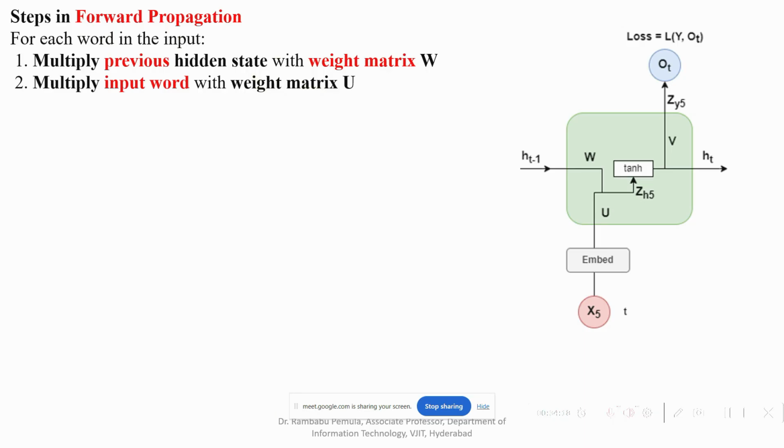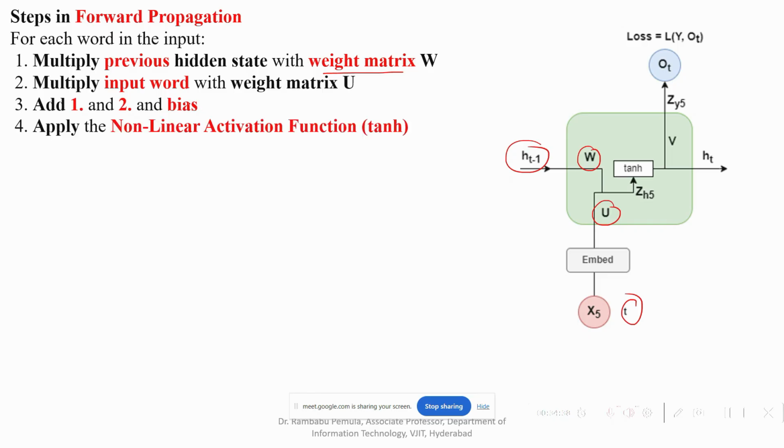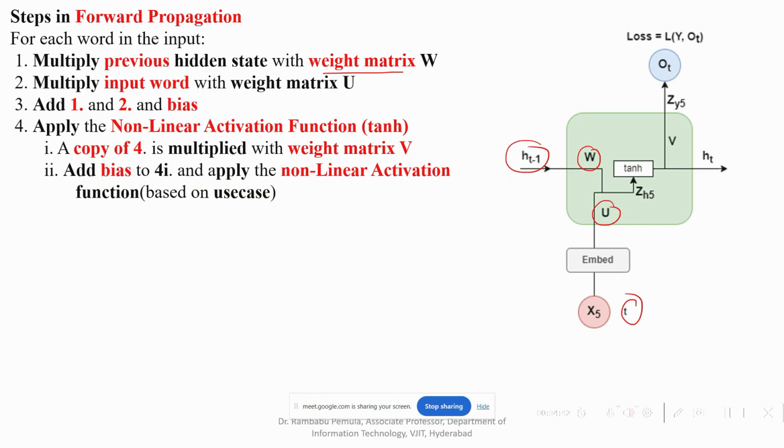Now, first of all, what I have to do: multiply the previous hidden state with the weight matrix. You multiply HT minus 1 with the weight matrix W, and then multiply the input word with the weight matrix U, and then add 1 and 2 and add the bias term. Then apply the nonlinear function tanh, and a copy of the value is transferred and multiplied with the weight value.